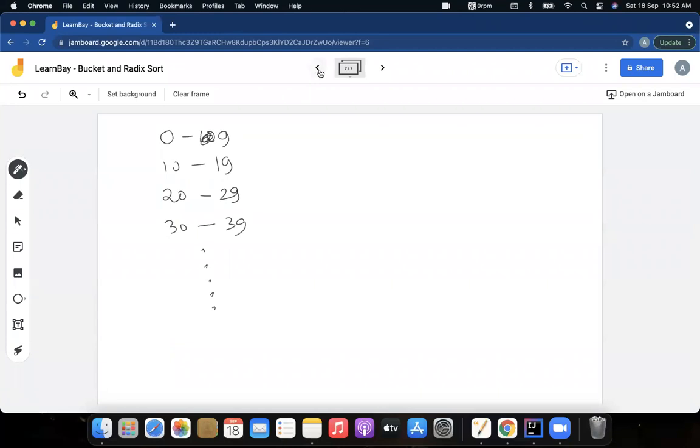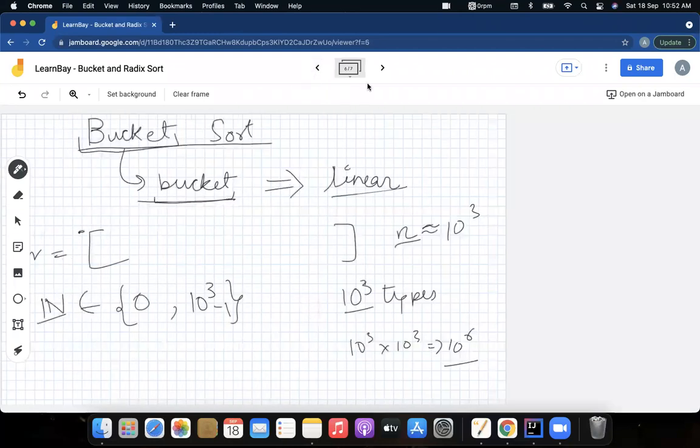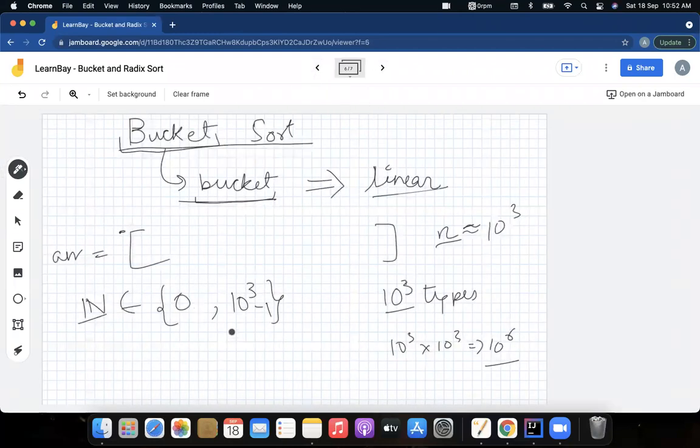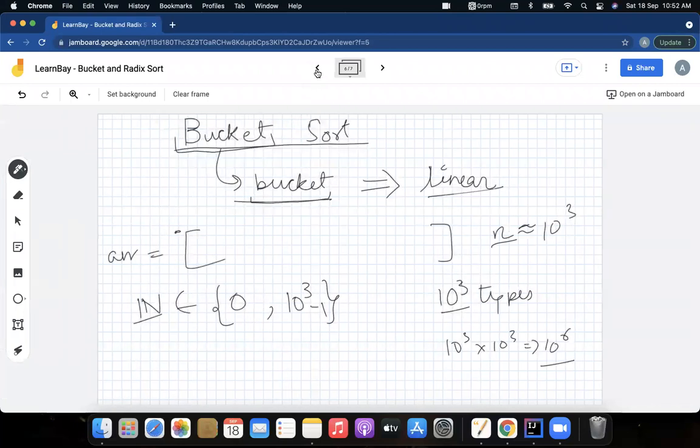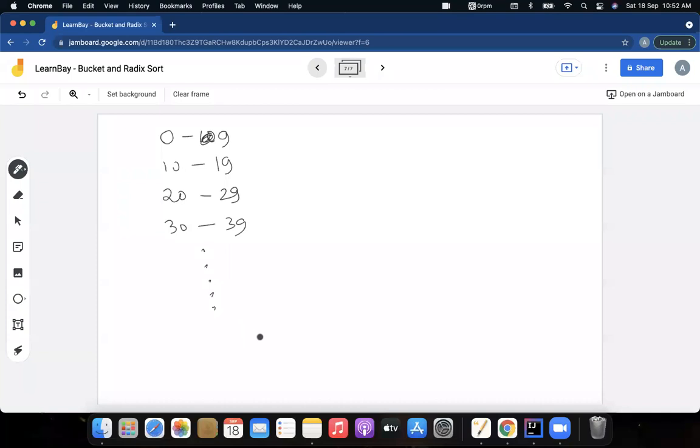Since there are 1000 numbers, the last bucket will be up to 1000 minus 1. The range is 0 to 10 power 3 minus 1, which is 999.